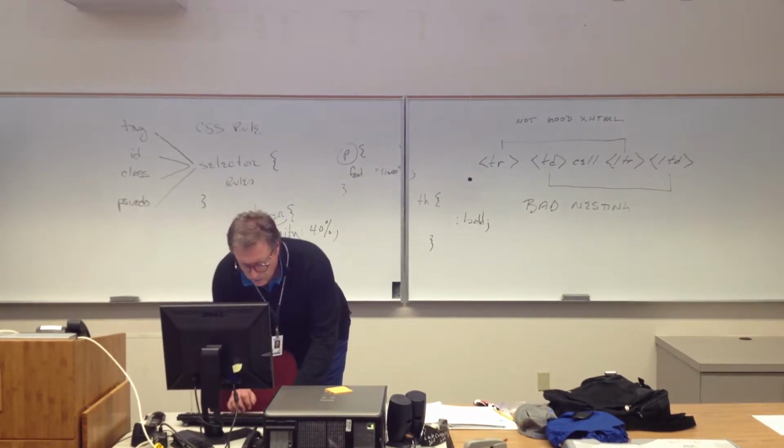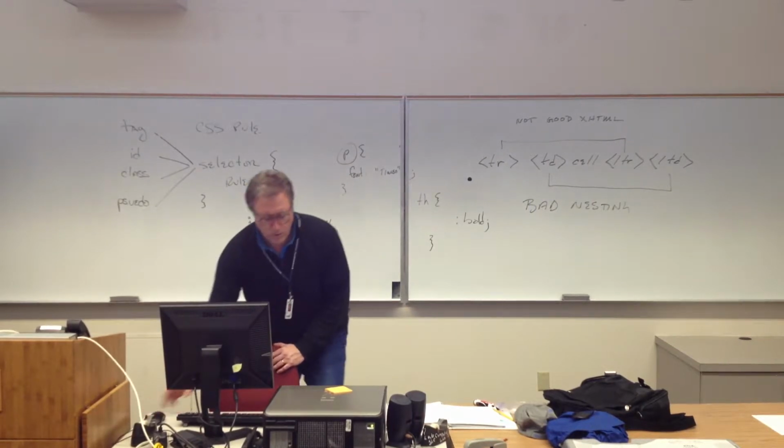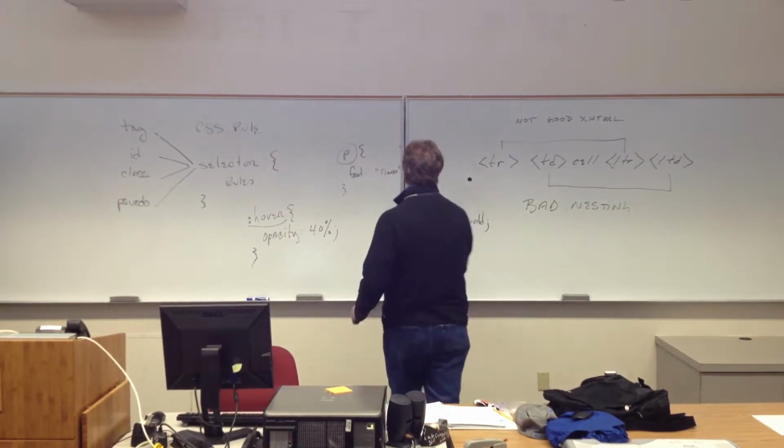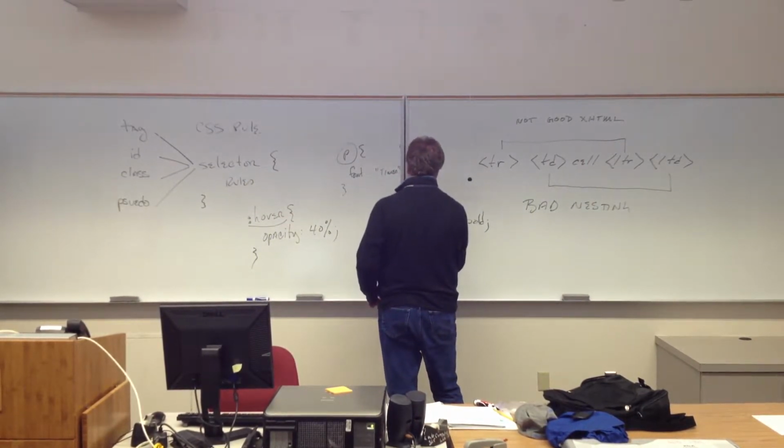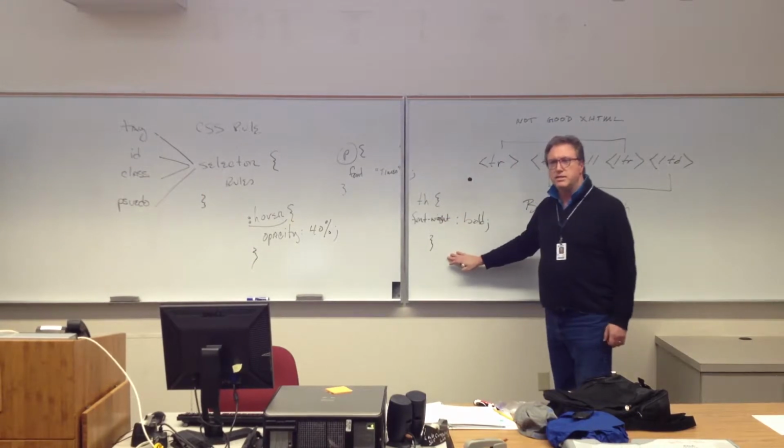Now, a question for you on the way that you're structuring like hover opacity 40. They don't have to be on individual lines, do they? Why do they do that, like three separate lines? That's it. Font weight. Why do I put it on separate lines? Correct.